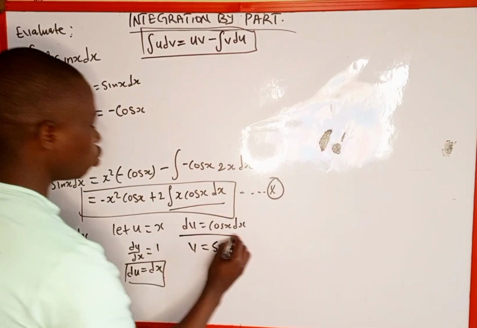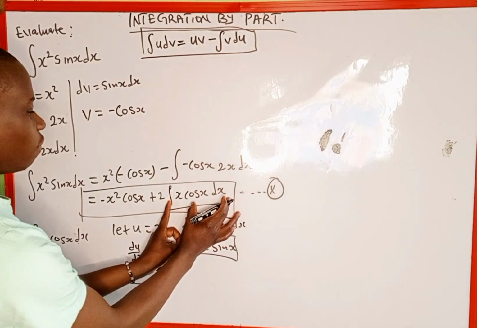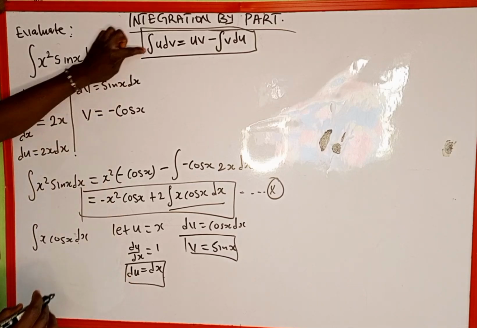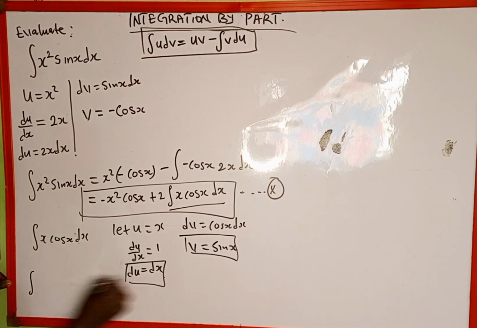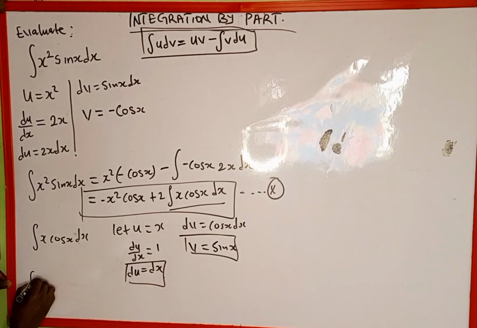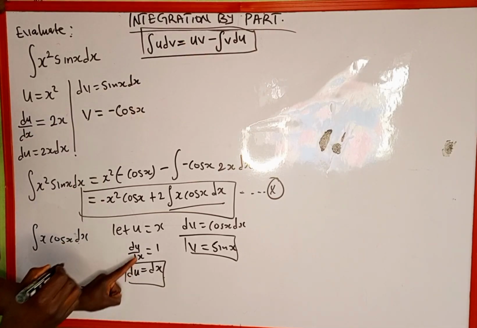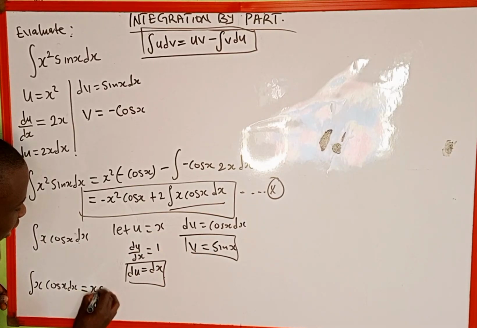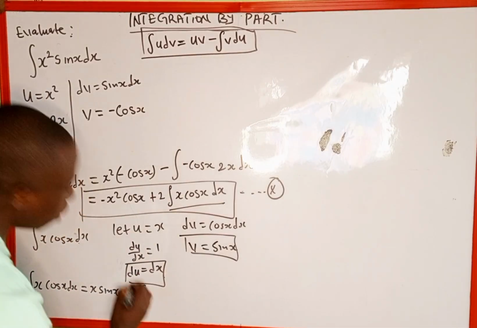So the next thing we are going to do is to substitute back into the integration by parts formula. Remember, we want to evaluate this integral. Now the formula is integral of u dv. We are going to have integral of u dv is going to be what? x multiplied by cosine x dx, which is going to be equal to u multiplied by v. u is x, then multiplied by v is going to give us x sine x, then minus integral of v du.